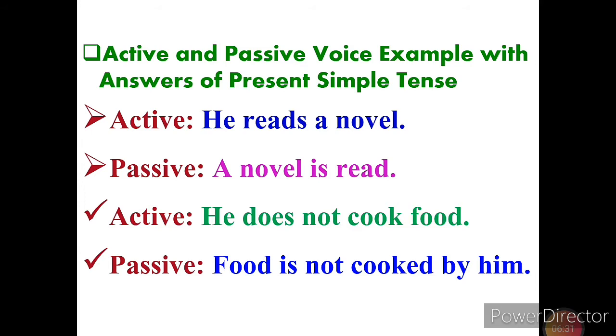So the object food has become the subject. See here, food is uncountable. So food is not cooked by him. So here we added the preposition by. So even in the first sentence and second sentence, the preposition should be followed by V3.